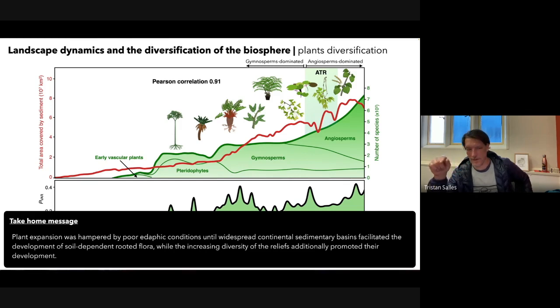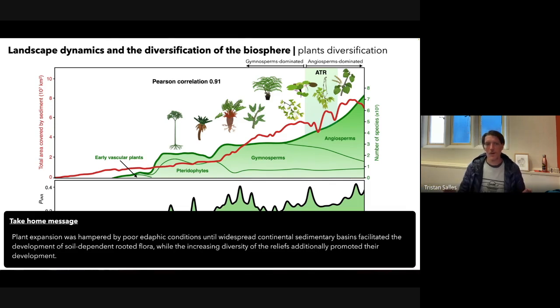And exactly. I mean, there is not a lot, but there is some research that has been done suggesting that it is actually the formation of plants that drove the evolution of rivers and landform.